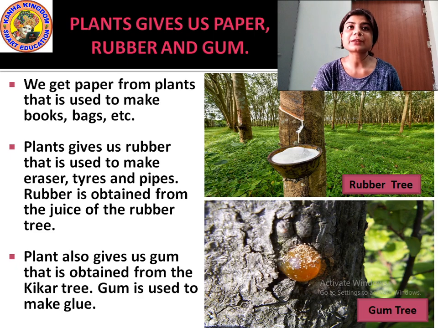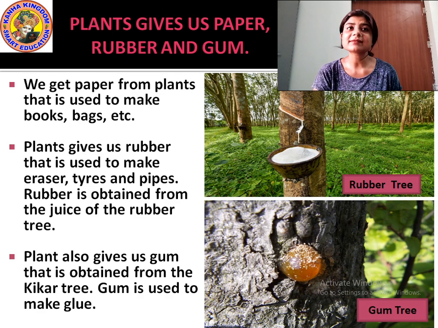We get paper from plants that is used to make books, bags, etc. These are the materials that are made from plants.